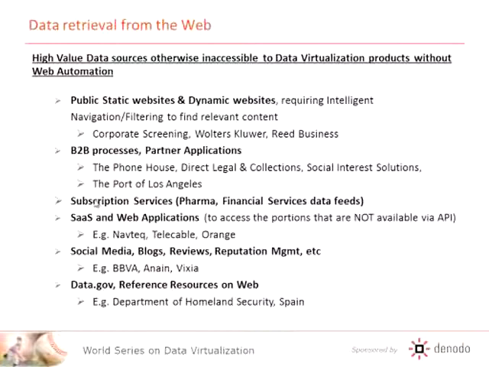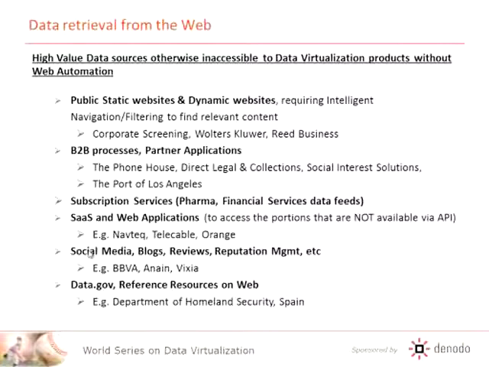Then, we come to subscription services, where in addition to complex navigation, it is necessary to deal with different authentication protocols. Fourth, we have software as a service applications and more generally web applications that do not provide an API, or even if they do, do not support the same functionality as the human-oriented interface.